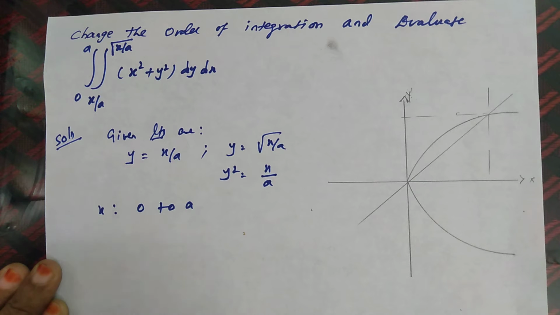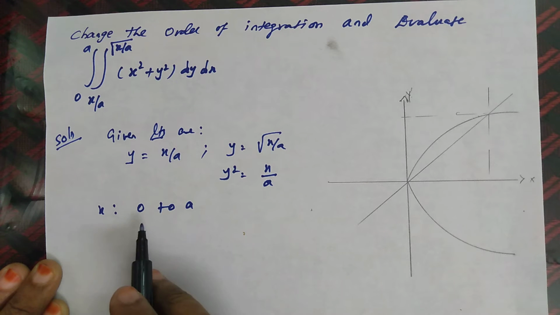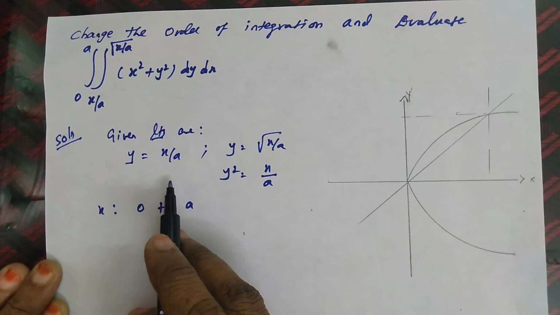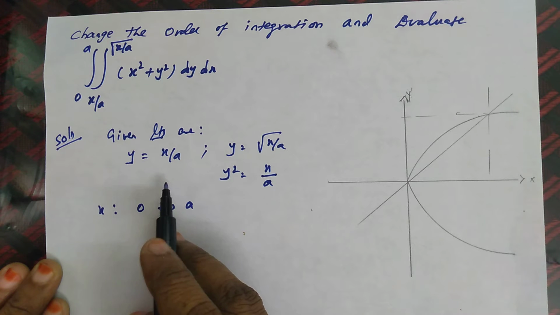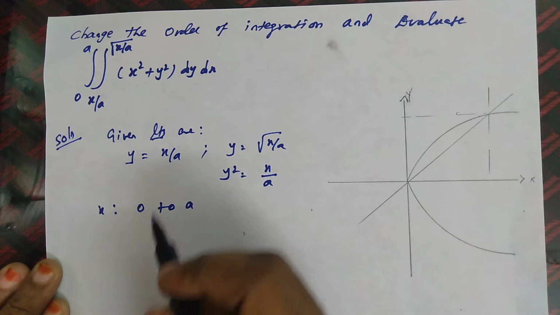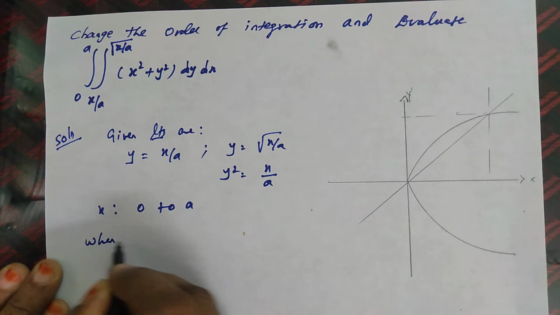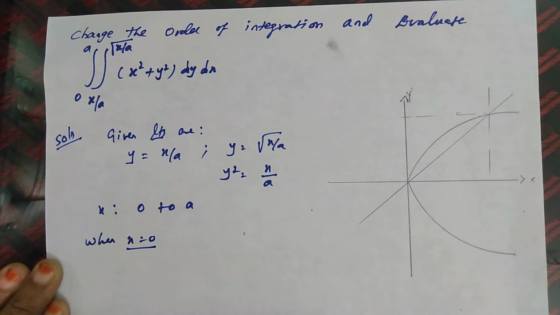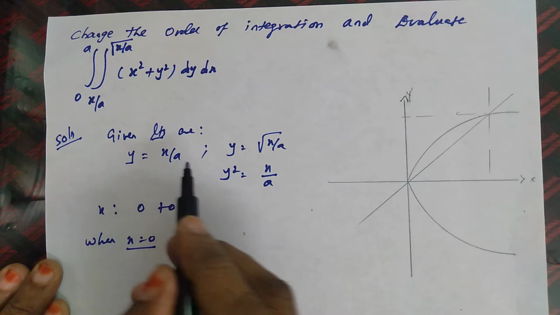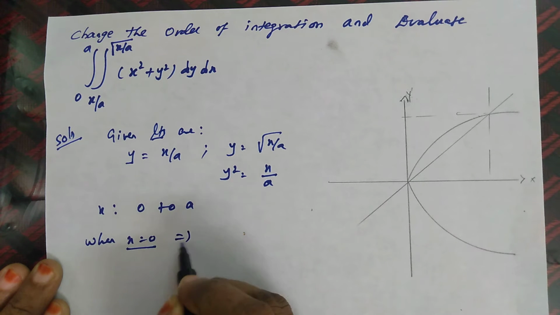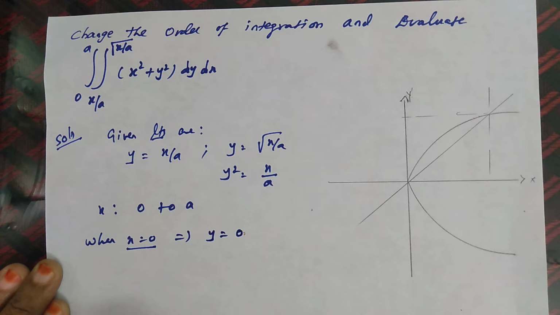So usually we find the point of intersection after that. How to find the point of intersection? We have to substitute x equal to 0 in any one of the above equations to get the y value, and in the same manner x equal to a. When x is equal to 0, substituting in any one of the equations, suppose here, 0 by anything is 0, which implies y equal to 0.